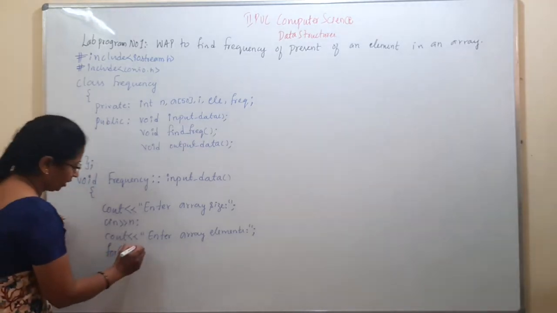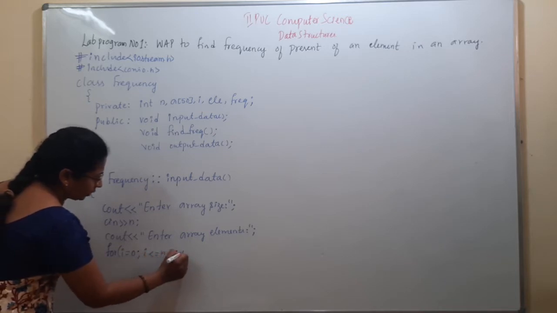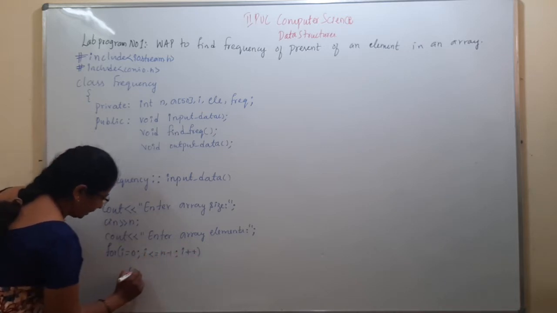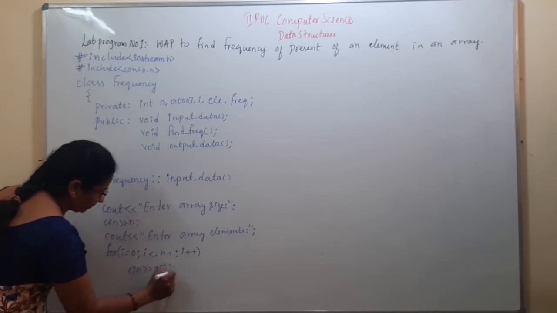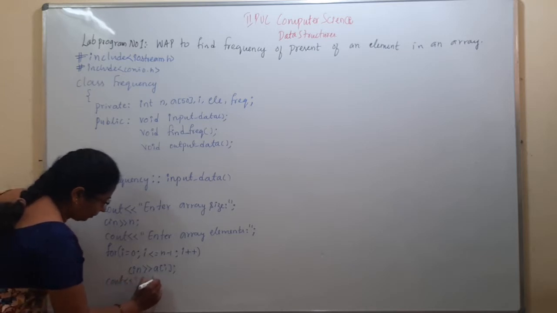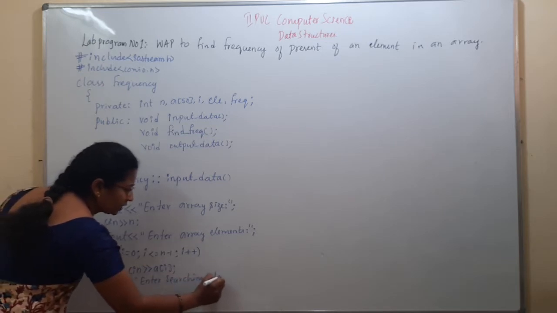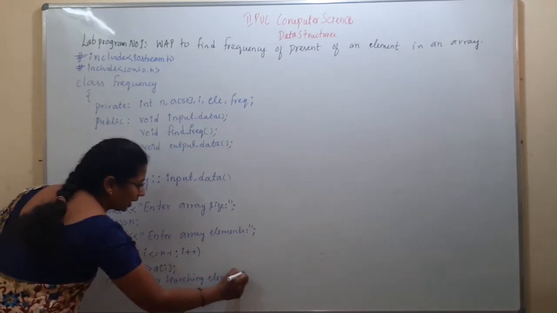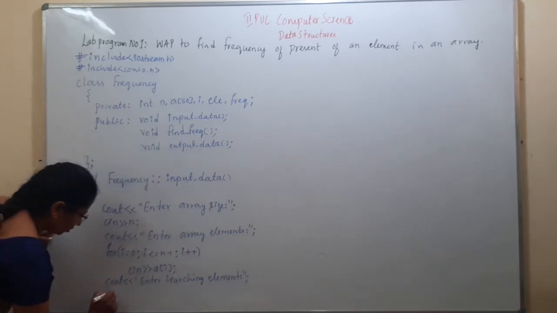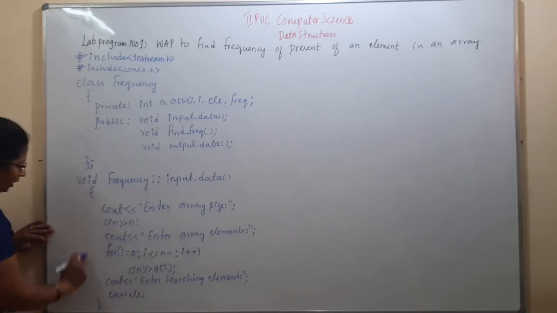Array index starts from 0 to n minus 1, i plus plus. Then cin, accept the value into a of i. Then cout, enter searching element. Which element needs to be searched, that value you need to give. So cin, enter the element. So this is your input.